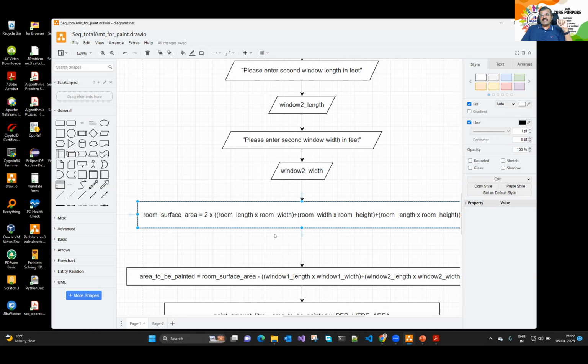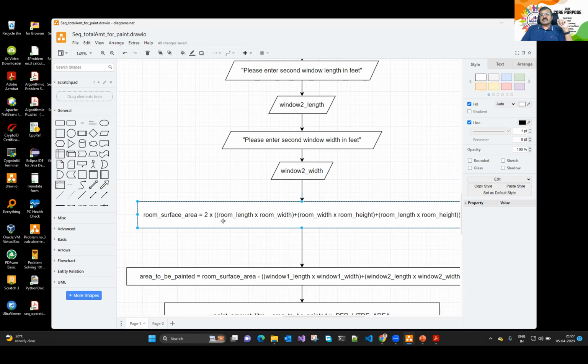Okay, can we simplify this formula? Can I say twice into room ka length into width into height? Can I simplify it?